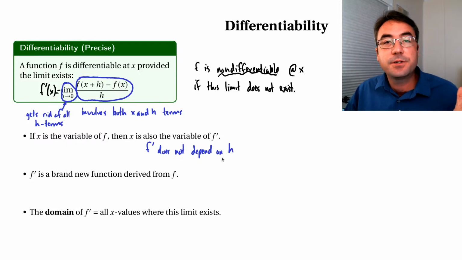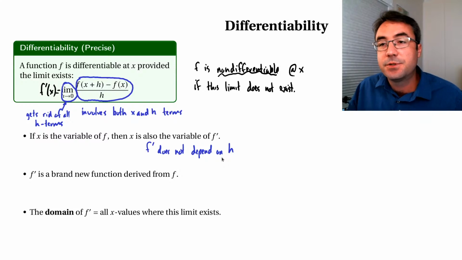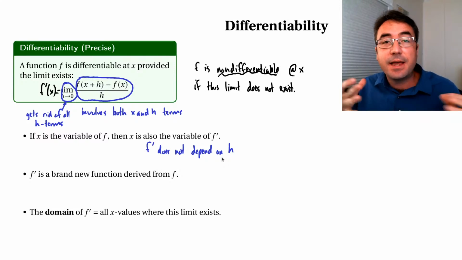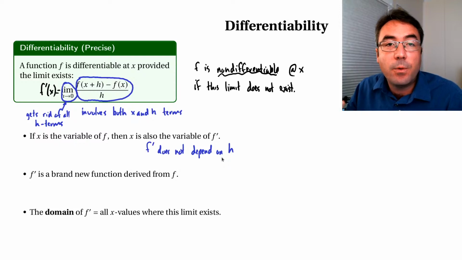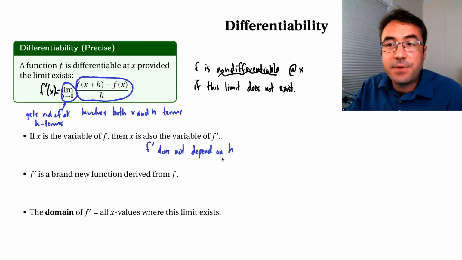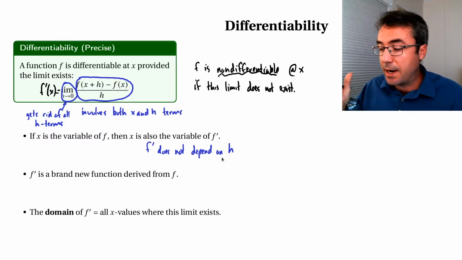And so if f is a function, when we do this process of differentiation, we get a brand new function that we call f prime. So it's helpful to think of f and f prime as just two separate functions. And so we could think about the domain of f prime. What is the domain of this brand new function? Well, it's just all x values where this limit exists. So for every x value where that limit exists, that x value is in the domain of this new function f prime.